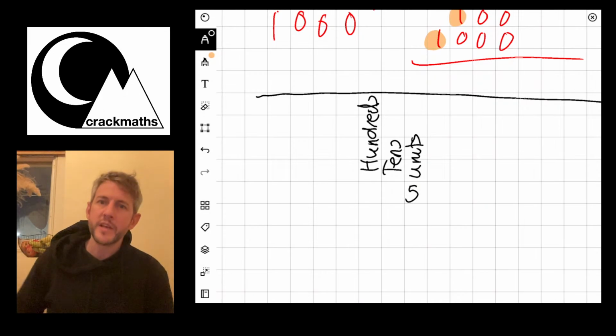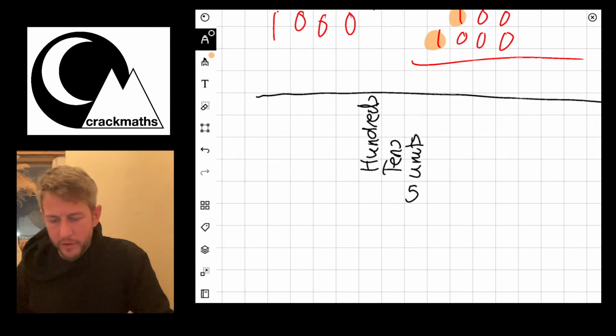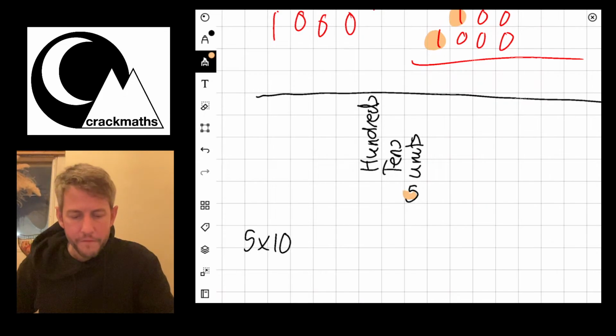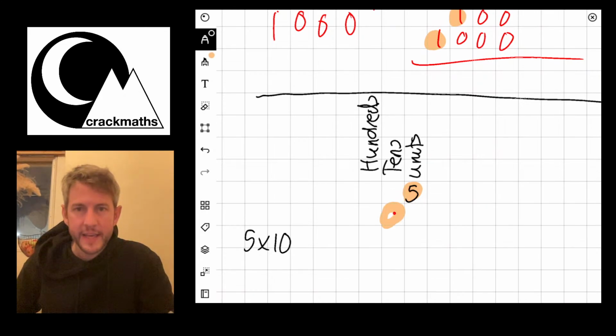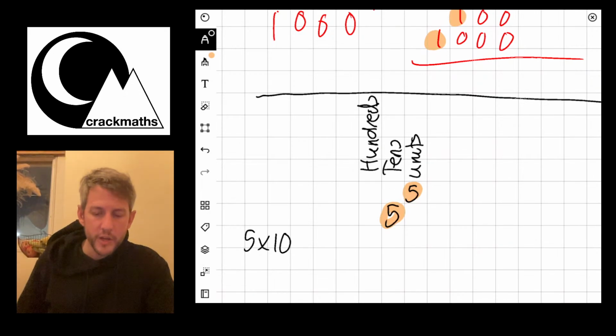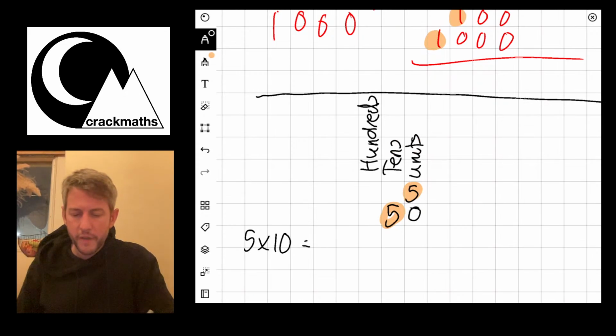So if I want to do 5 times 10, that means I've got to move this unit into the 10 column, because a move from here to here means it goes up 1. So the 5, when we multiply it by 10, goes from being a unit to being a digit in the tens column. Now I've got to put this here so I can see that 5 times 10 is 50.